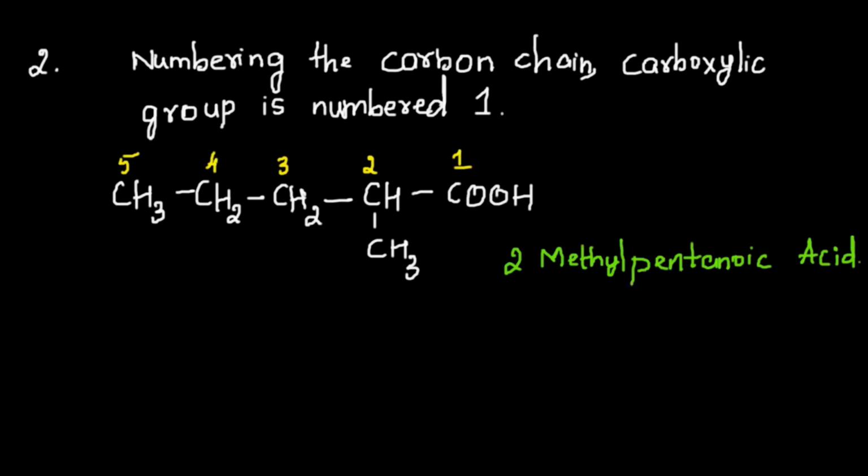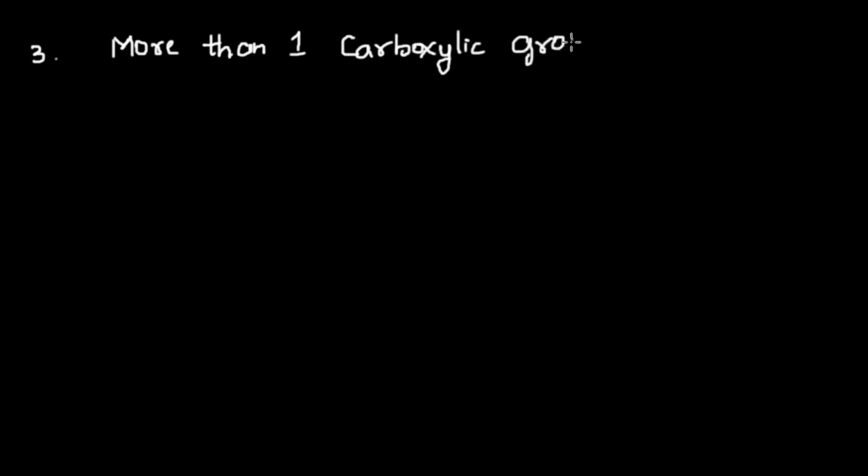For naming compounds containing more than one carboxylic group, the ending e of the corresponding alkane is retained.